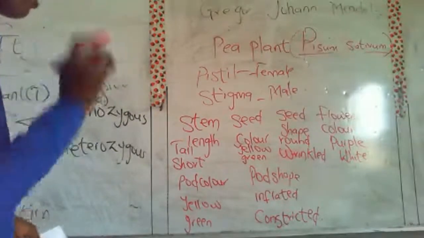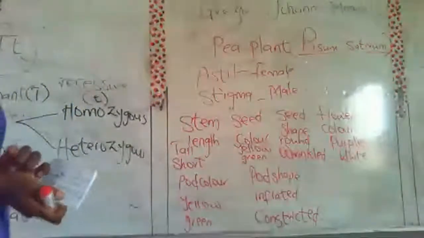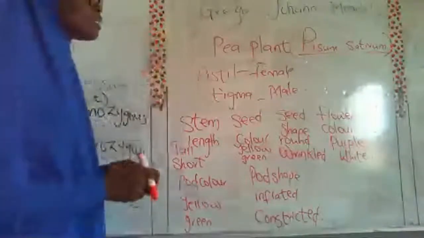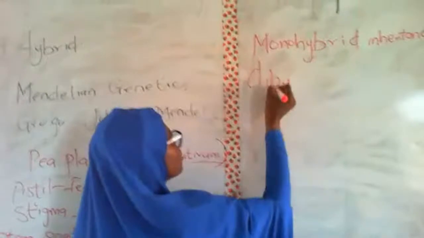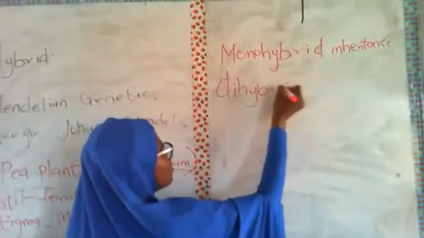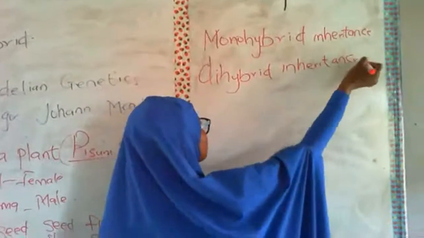Now, look at what he did. He used two methods in carrying out his experiment: monohybrid inheritance and dihybrid inheritance. You know, I've explained hybrid.